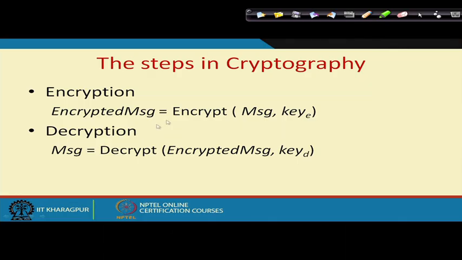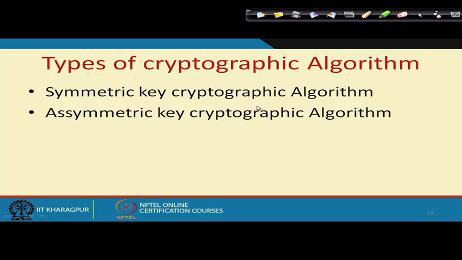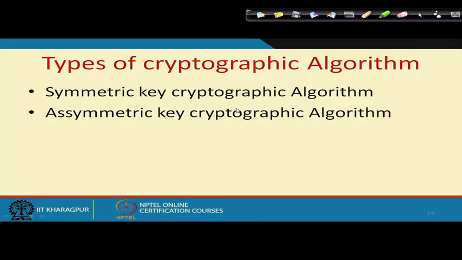Now, depending on the nature of this key, the first one is called the encryption key, the second one is called the decryption key. Depending on the nature of this key, you have two different kinds of algorithms: symmetric cryptographic algorithm and asymmetric cryptographic algorithm.